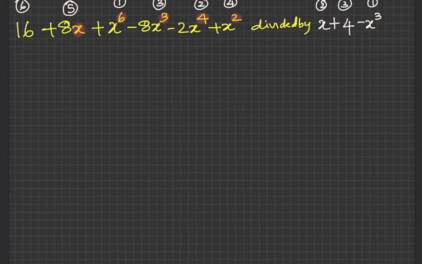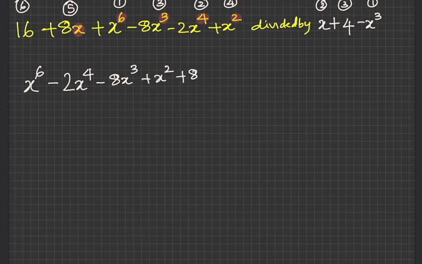So I'm going to rearrange that. First, I'm going to rewrite x to the power 6 here. Then negative 2x to the power 4, and then negative 8x to the power 3, and then plus x to the power 2, and then plus 8x plus 16.